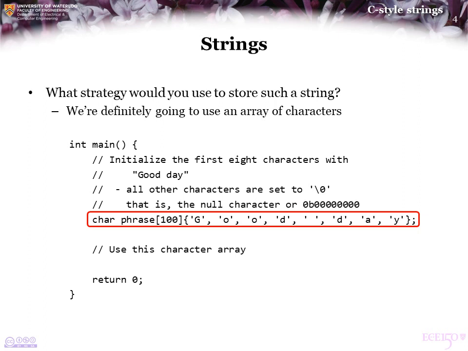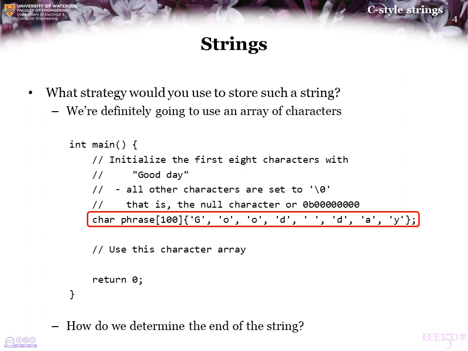And in this case, we see that the first 8 entries of that array are initialized with the phrase good day. Now, all other characters after the y will be initialized to the default value of a character, and that is the null character.